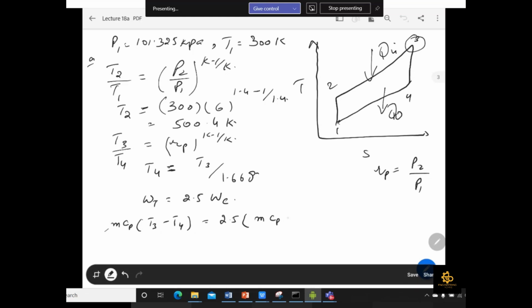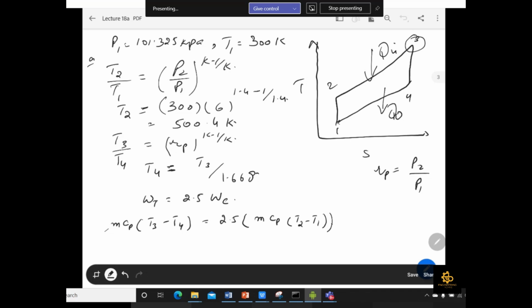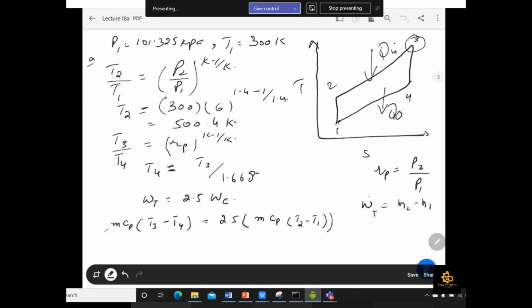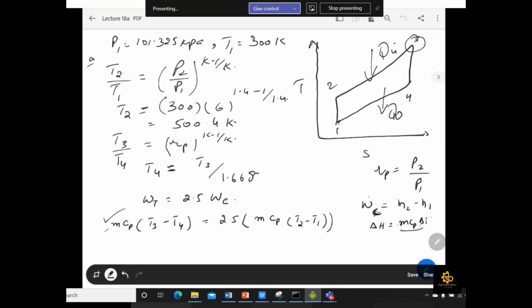For the compressor it will be equal to H2 minus H1. You already know that delta H is equal to m Cp delta T.